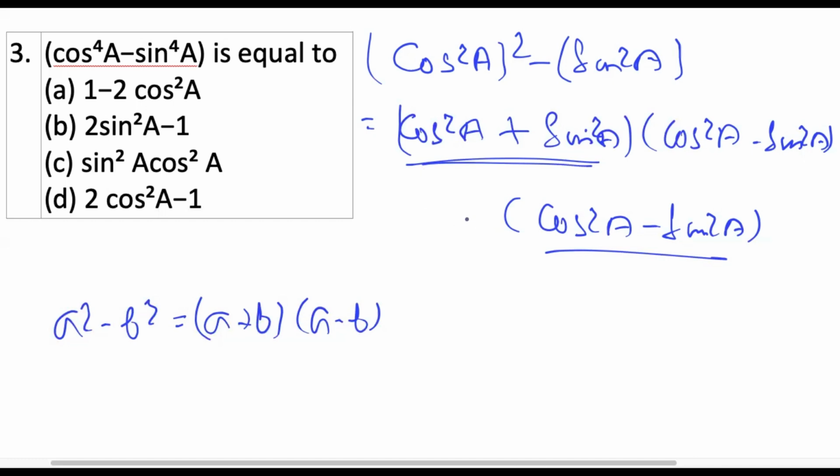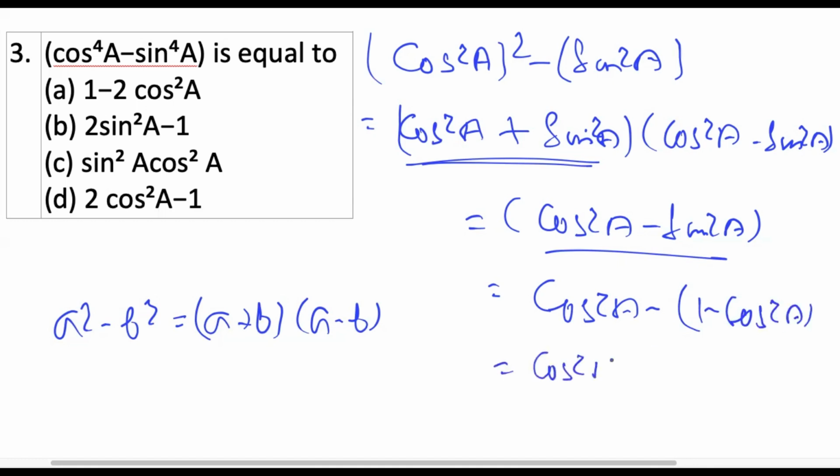I can convert this in terms of cos. So let cos square be cos square A, and I can replace sin square A as 1 minus cos square A. So check here, if I open this bracket, this is going to be minus 1 plus cos square A. Now cos square A plus cos square A will give you 2 times cos square A minus 1.